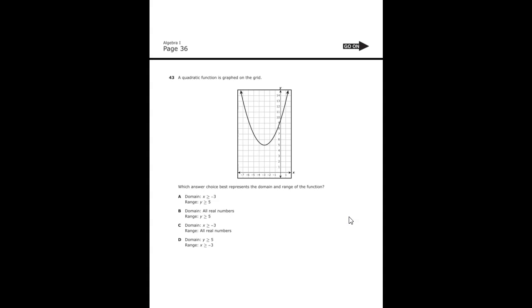So your domain is going to be all real numbers. Your range, though, has a minimum value of 5 and goes on till infinity. So you should have range y greater than or equal to 5 and x, which is your domain, all real numbers.